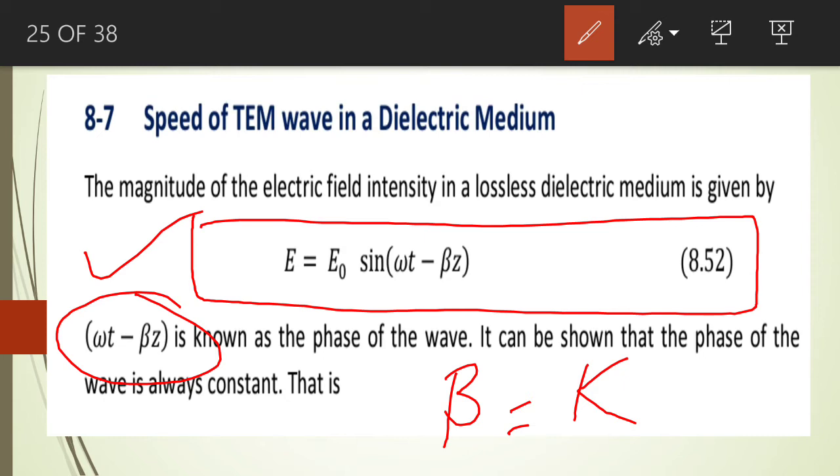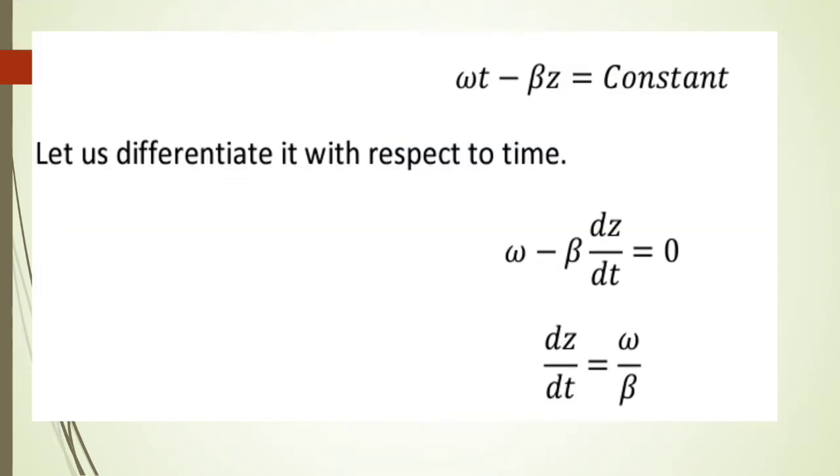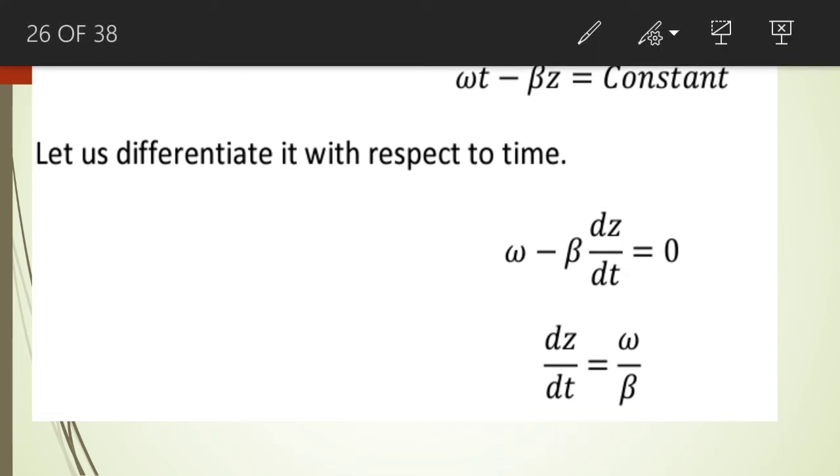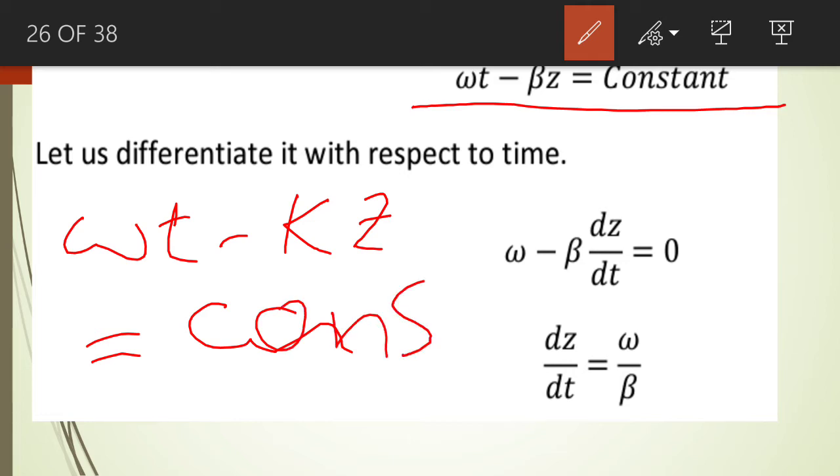So the phase of the wave does not vary at all. So what we do is replace omega t minus kz by a constant. So omega t minus kz is always equal to a constant.